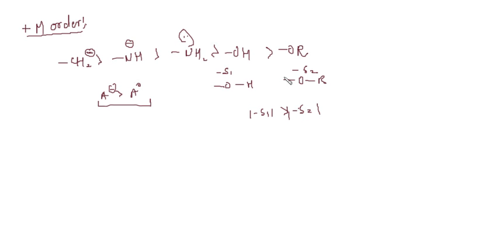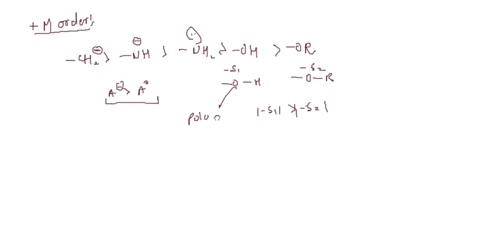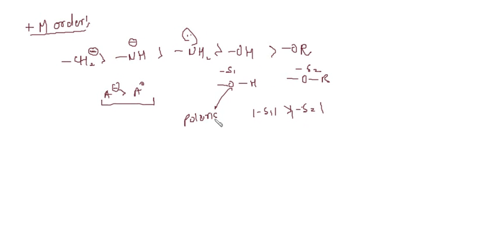Okay, because here, due to polarization, we know here it is more polarization because it is also in the form of acid. Here it is less polarization. More polarization means this has more electron density here, so it will shift, it will repel more.